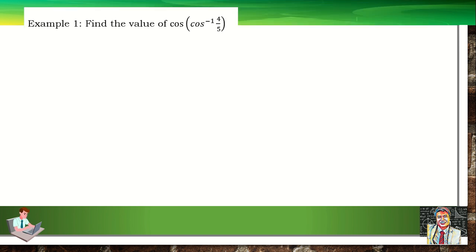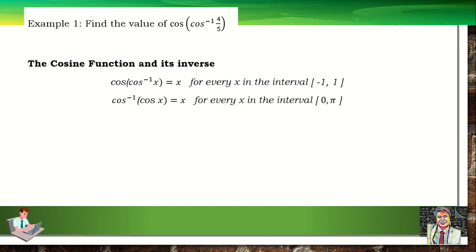Let's do example number 1. Find the cosine of inverse cosine 4 over 5. So, since this is cosine, tingnan natin yung for cosine function. Okay? Since cosine function yung nasa labas, so consider natin ito. Nasa labas si cosine, nasa loob yung inverse function.